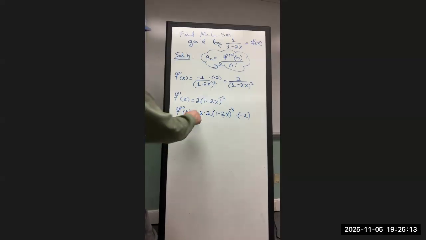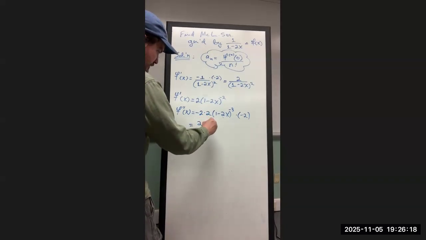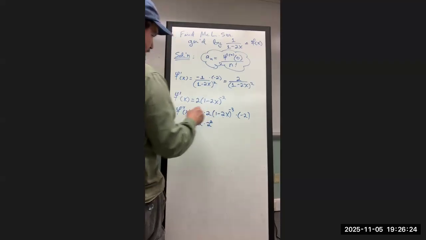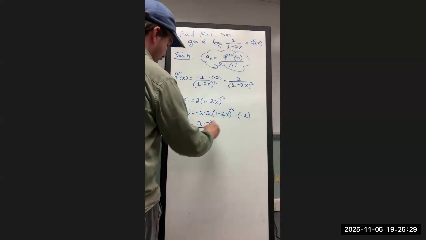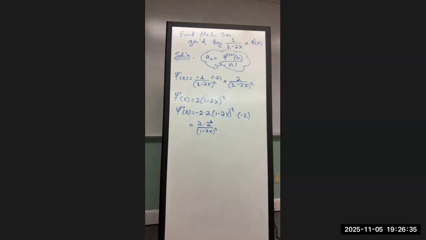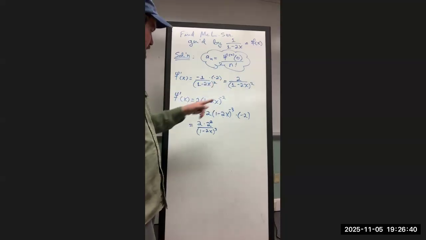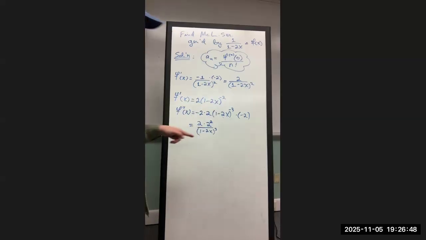So we'll have obviously a positive, and I'm going to have a 2 times 2 squared over 1 minus 2x to the third power. So I got 1, 2 from the interior, and then I got 2 more 2's on this iteration. 1 was from the interior and 1 was from the power. So that's why I'm keeping 1 separate.